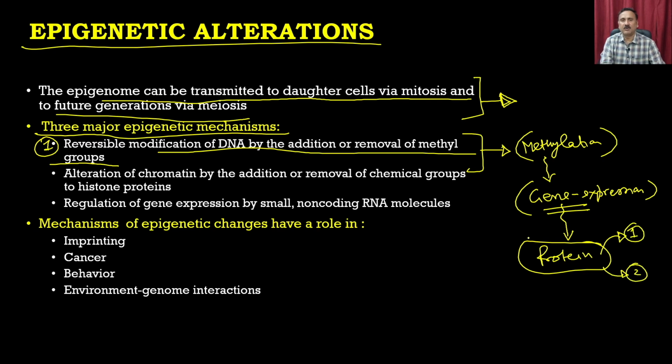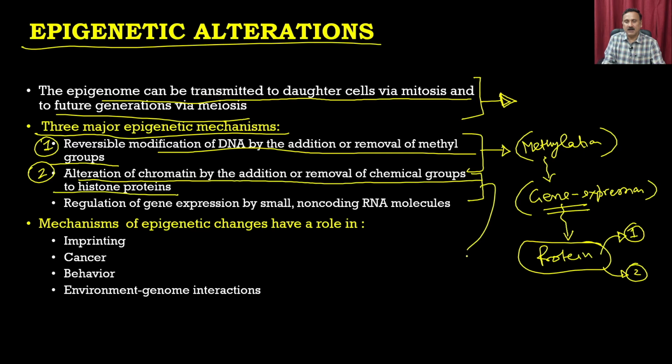The same is true even for eye color, right? The amount of protein is going to decide what color grade you are going to exhibit in your eyes. Then the second is the alteration of the chromatin by addition or removal of chemical groups to the histone proteins. So remember that the histones are packed with the DNA by a positive-negative interaction, right?